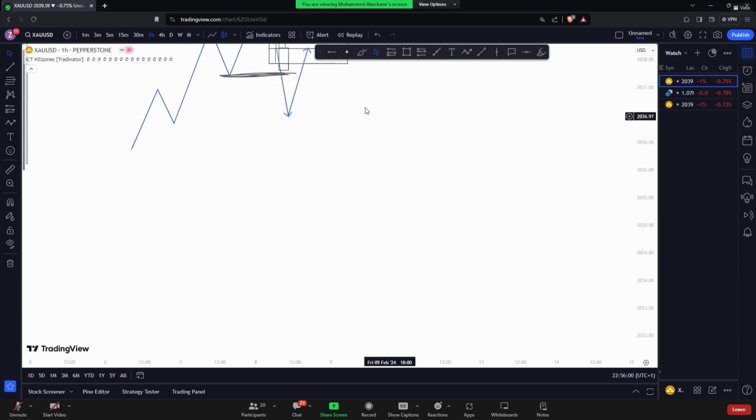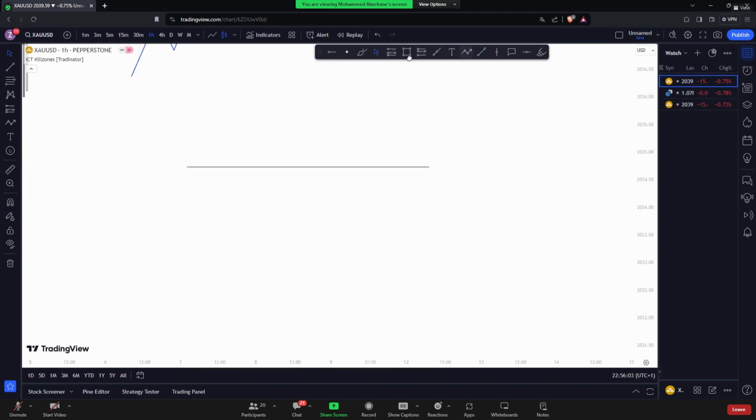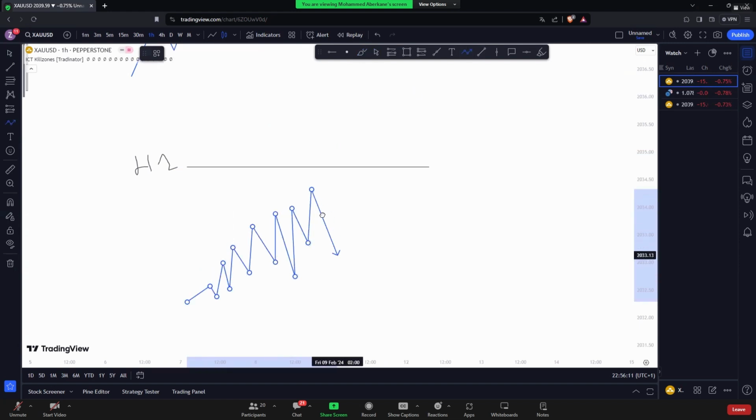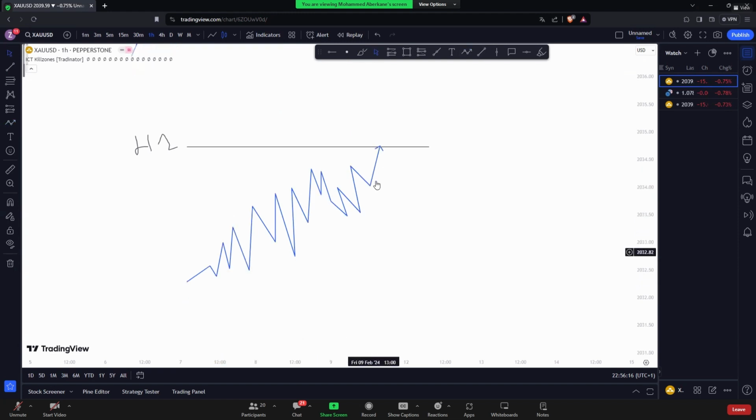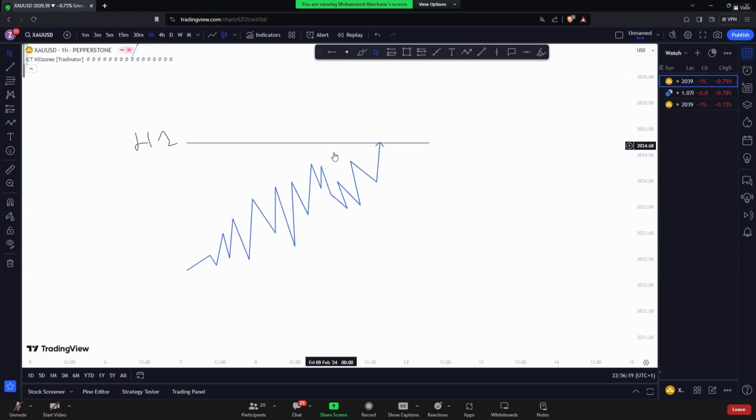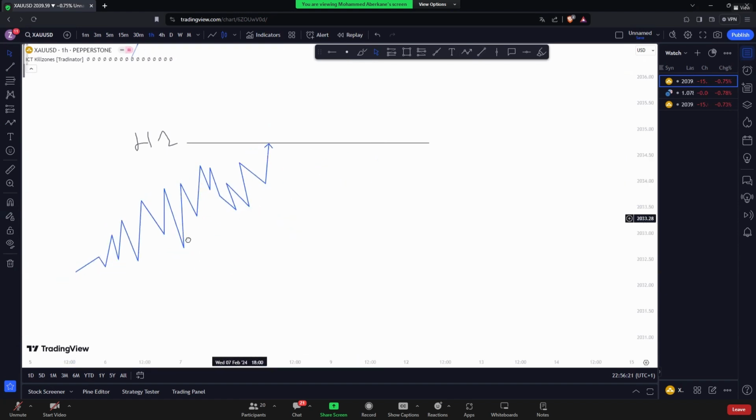So what is the M1 trend line break? See, this is H1, right? Price is going up on M1. And then something like this happens. So you're going to take a look at this structure and focus on the lowest 2 points of this structure.